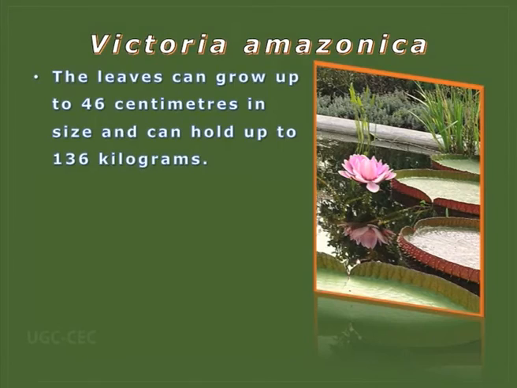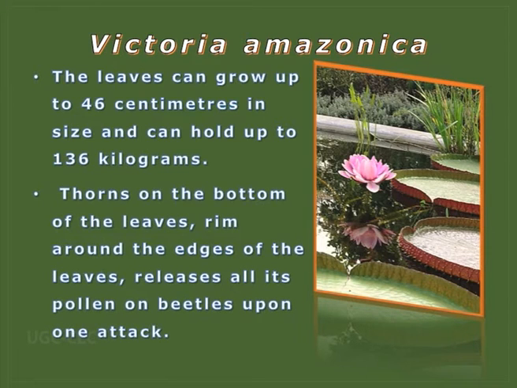And we can see that the amazing features are, it can hold up to a weight of 136 kilograms. Can you imagine the strength of the flower? And it has a 46 centimeter diameter. And what else? See the beauty of this life form, that it grows and nurtures some thorny features below its leaves to protect itself against predators.